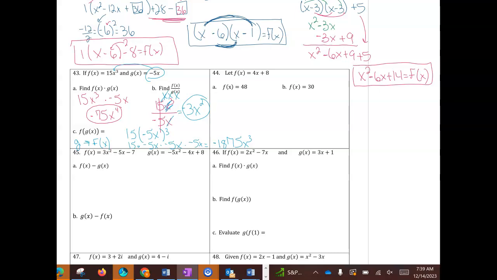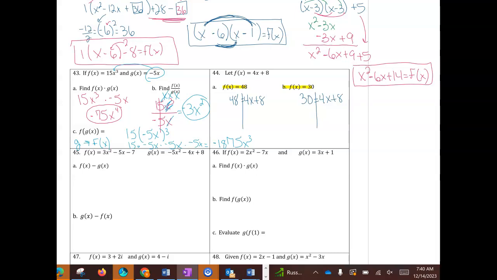All right, on 44, we've got a function f of x, and this time I'm going to give you a value. In both situations, the number's not in parentheses, so that's y. So I'll have 48 equals 4x plus 8. And then on the other one, it would just be 30 equals 4x plus 8. One type of x for solving, so I just need to get x alone.